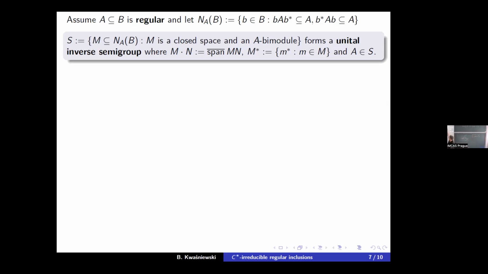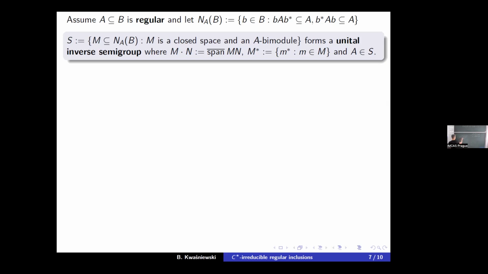In fact, because of regularity, these spaces span the whole algebra B. So the whole algebra B is spanned by the slices, and we multiply in that way, but you can think of this as an inverse semigroup grading. Without giving much detail on what a Fell bundle over an inverse semigroup is, I hope you can imagine.